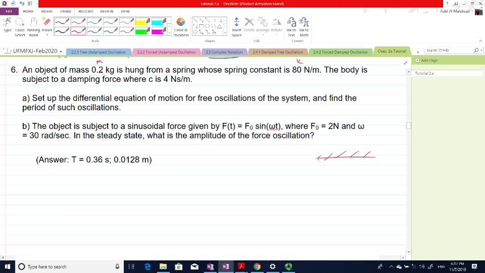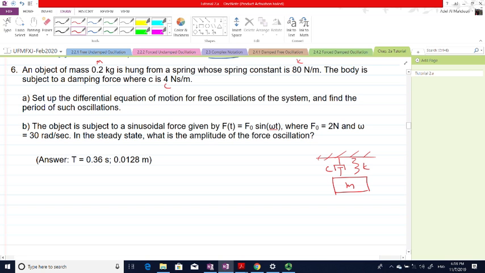It will be a hanging mass supported by a spring, and also there is a damper in here which has constant C, which is 4 Newton second per meter.